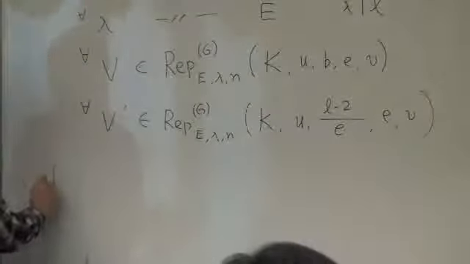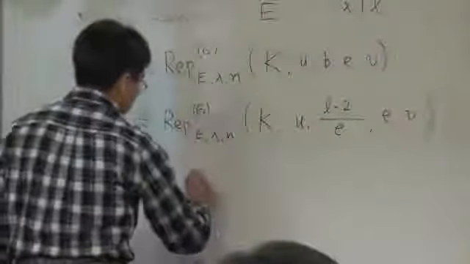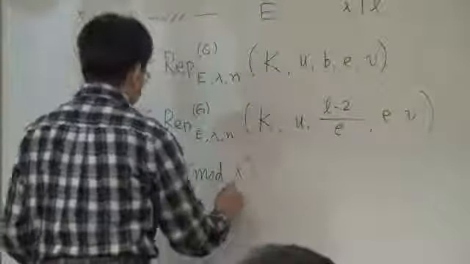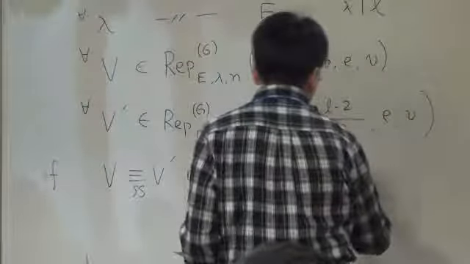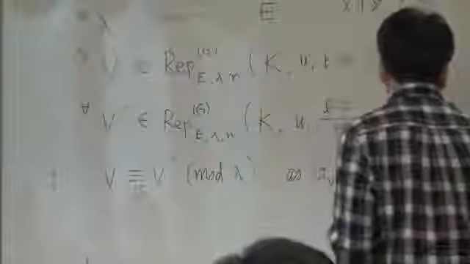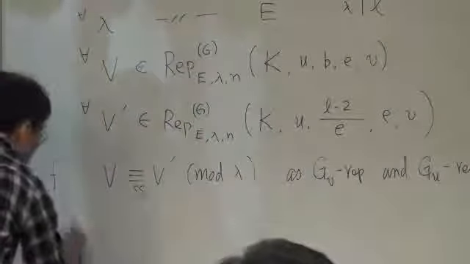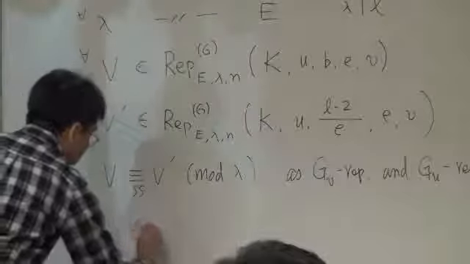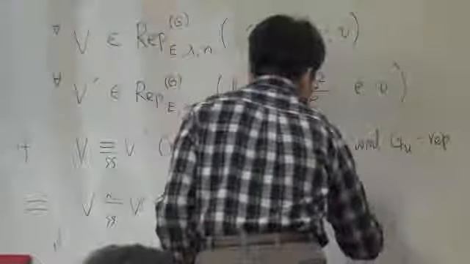Then if V and V prime are congruent mod lambda as G_v representations, then V and V prime are isomorphic as G_v representations.